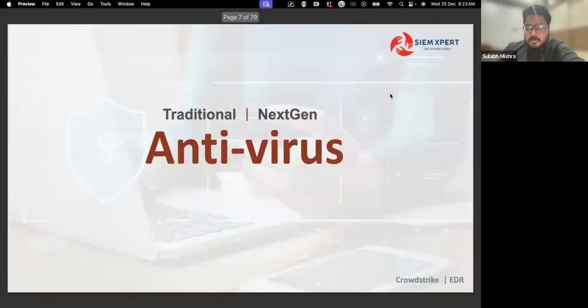Now, when it comes to securing an endpoint, how many of you are from my generation? I bought my first laptop when I was doing my intermediate first or second year, around 2011 or 12.